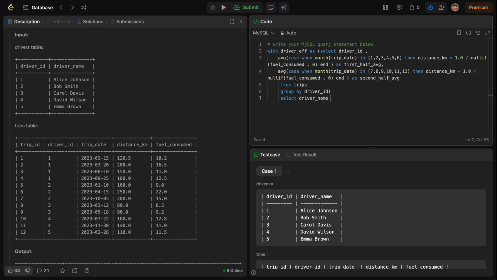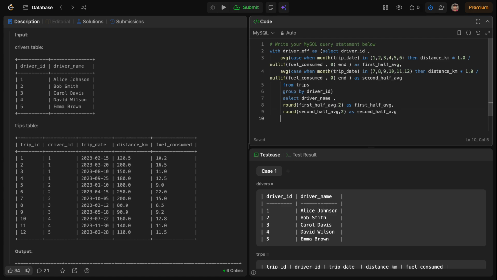So driver name, comma, round the first half average to 2 decimal places as first half average, and round the second half average the same with 2 as second half average.